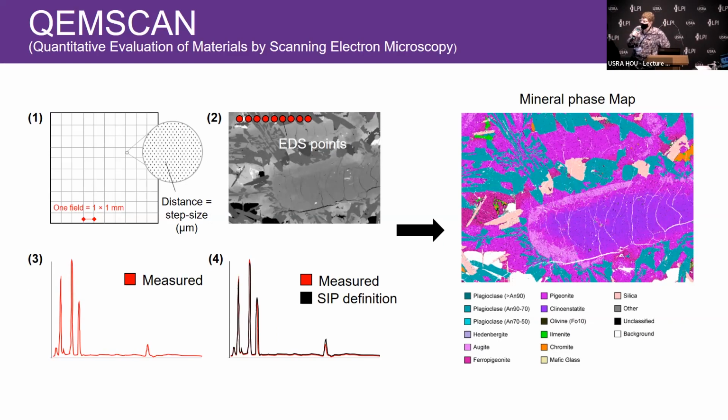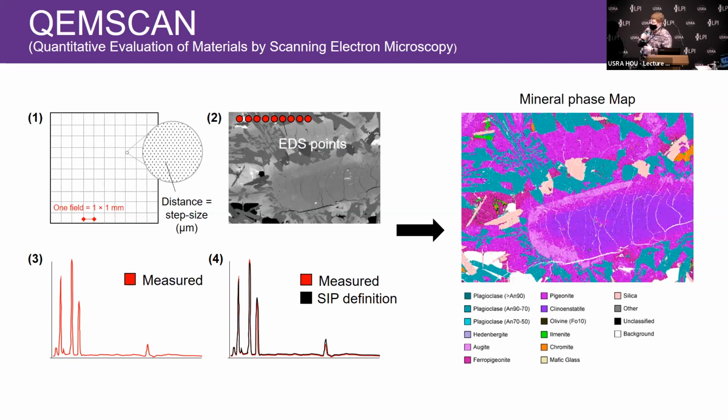So just a bit of background for ChemScan, because I realise not everybody will necessarily be familiar with the technique. So as I said previously, it runs alongside a scanning electron microscope. You set the step size for the scan of your sample, and this is essentially the pixel size in the resulting map. So for all these scans, we did 5 micron step size.